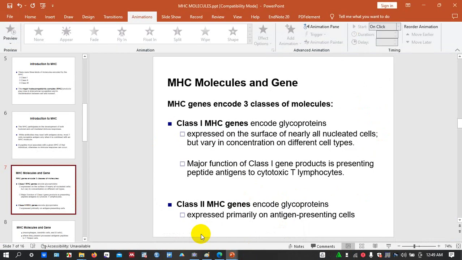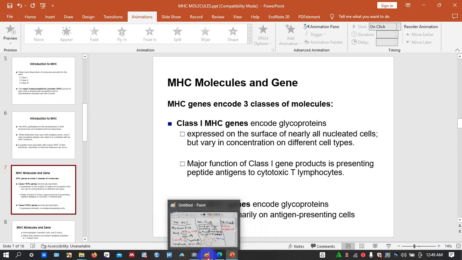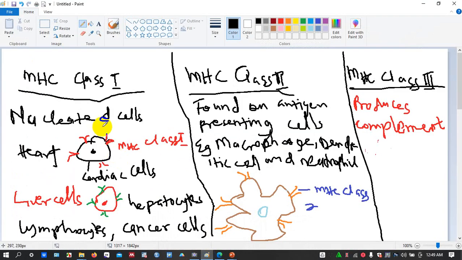Okay, I've already explained everything, so the rest I'm just going to read. Class 1 MHC genes encode glycoproteins, and these are expressed on the surface of nearly all nucleated cells, but vary in concentration on different cell types. So the class 1 MHC is on all nucleated cells.